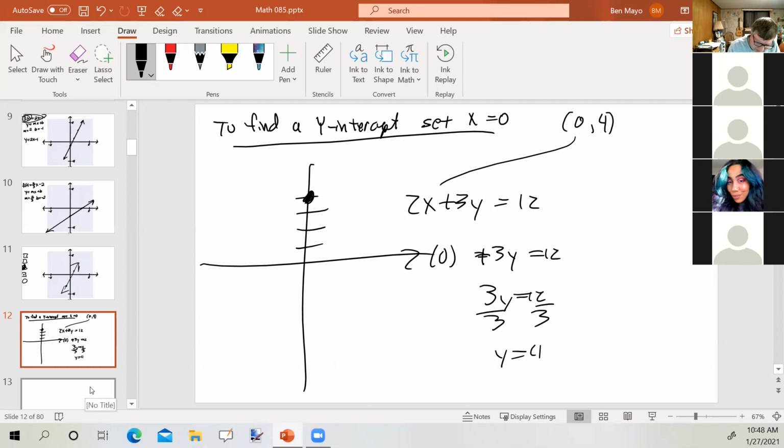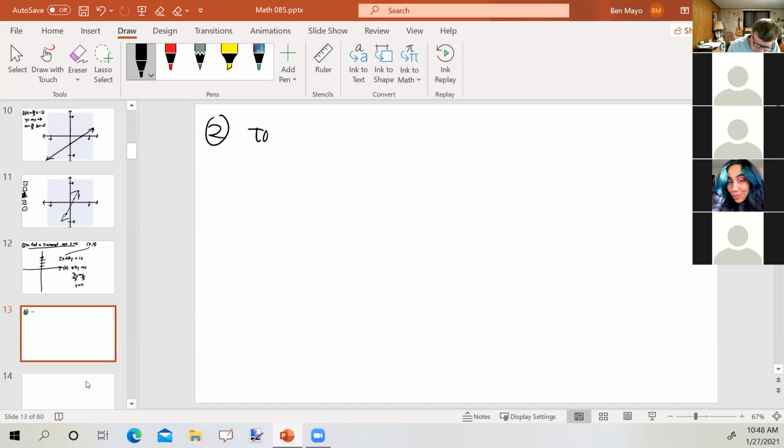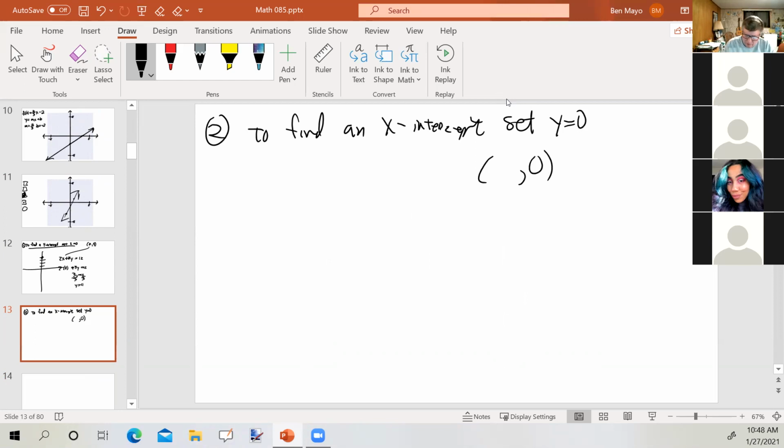All right, so we'll call that number 1. Number 2, to find an x-intercept, set y equal to 0. So complete that ordered pair. Let's go back to our 2x plus 3y equals 12. Now I'm going to let y equal 0.